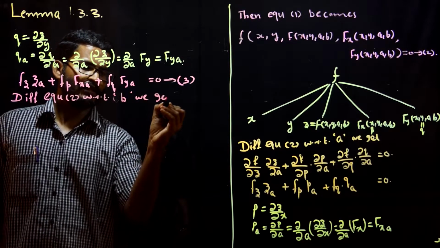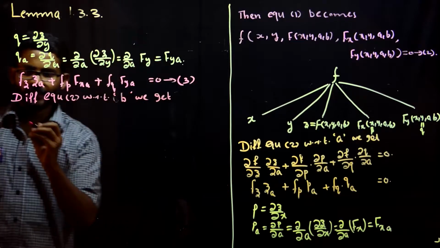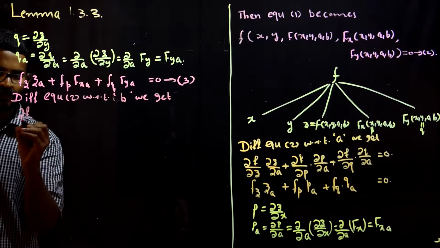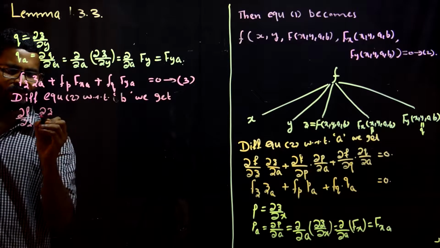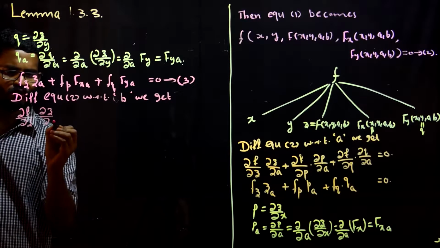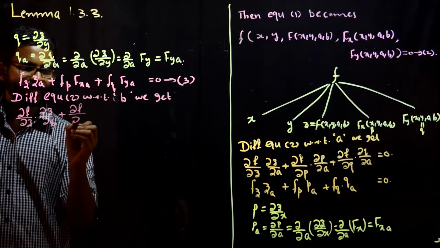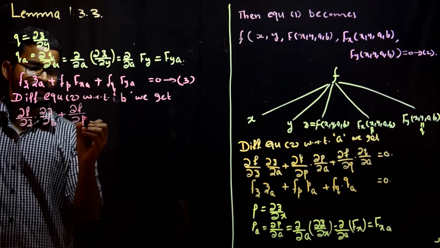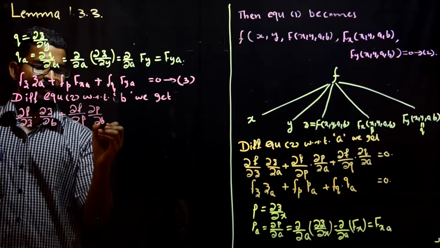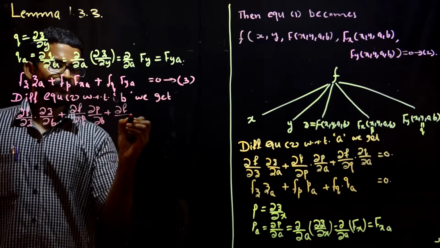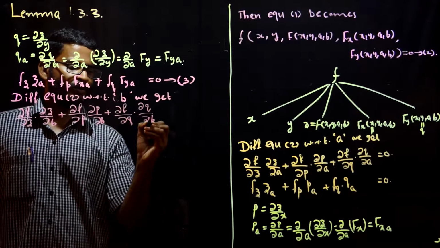We get dou f by dou z into dou z by dou b plus dou f by dou p into dou p by dou b plus dou f by dou q into dou q by dou b equal to 0.